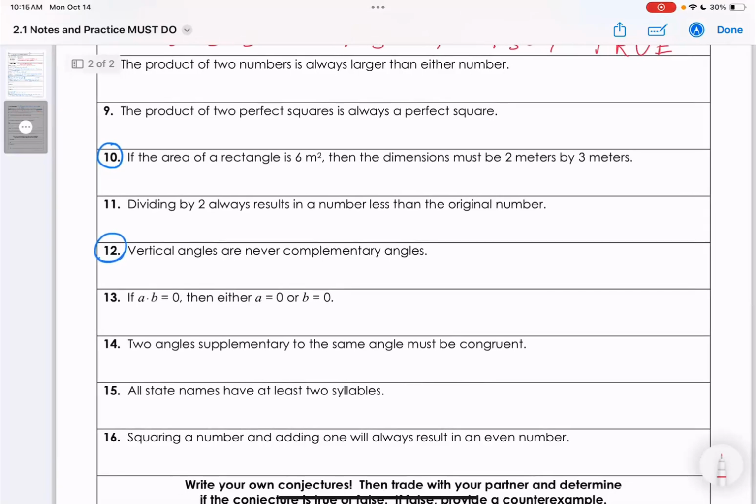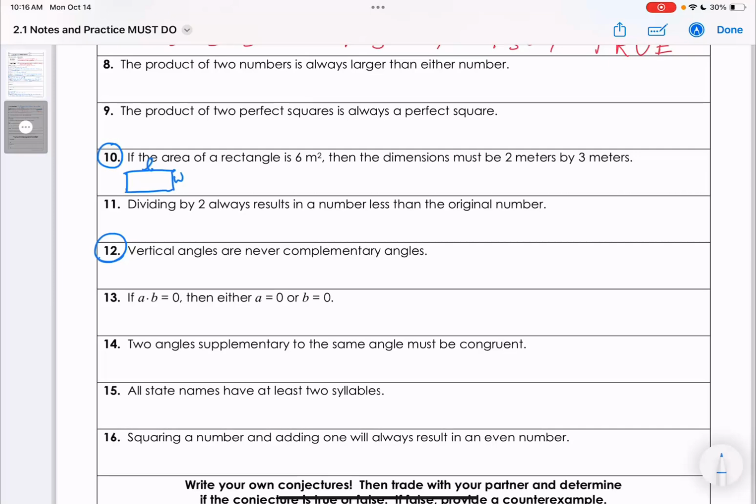Looking at number 10. If the area of a rectangle is 6 meters squared, 6 square meters, the dimensions must be 2 meters by 3 meters. So can we come up with an example? Remember, area is the length times the width. You can mark those any way you want.